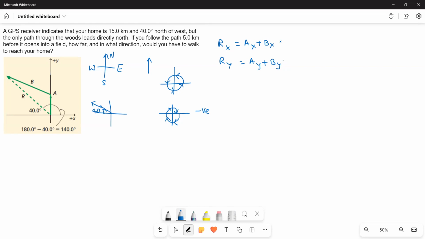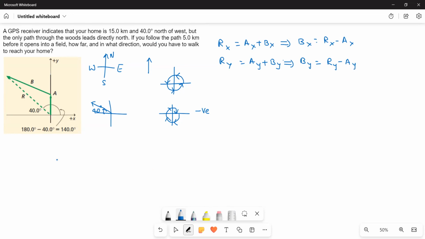So this indicates that Bx is equal to Rx minus Ax, where R is the resultant, and By is equal to Ry minus Ay. Now, 15 kilometers, 40 degrees north of west is given to us as R. So resolve R into components.